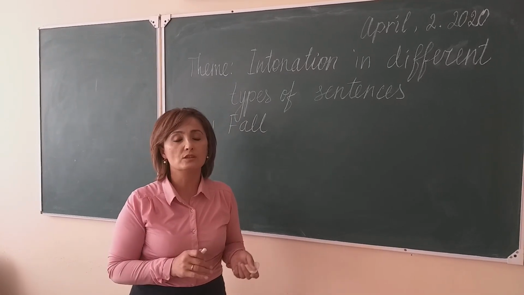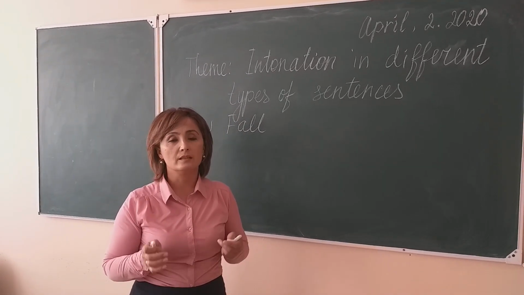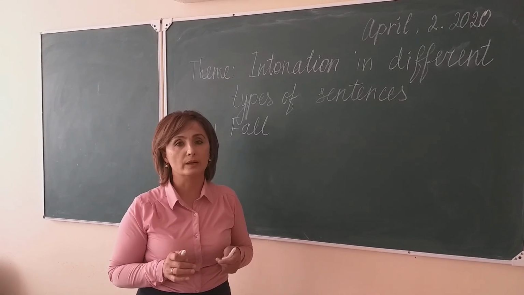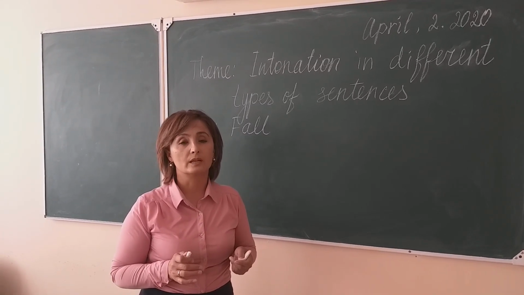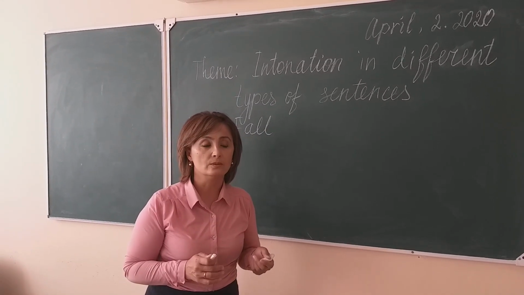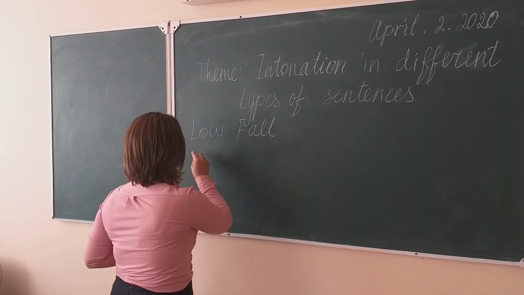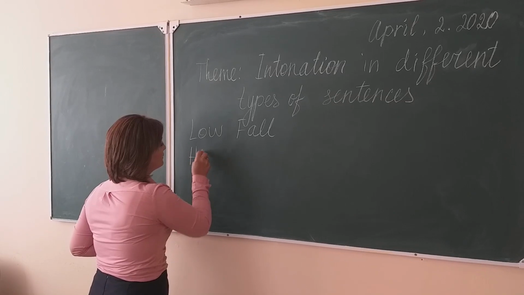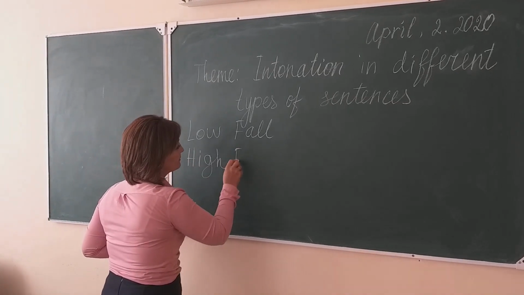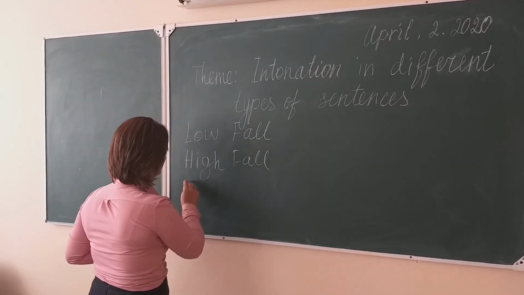It is falling intonation and rising intonation. Each one of them is subdivided into some subgroups. For example, the falling tune is subdivided into low fall, high fall, and rise fall.